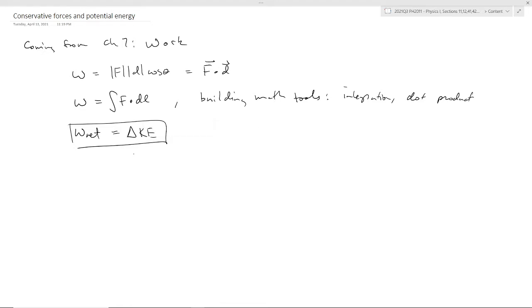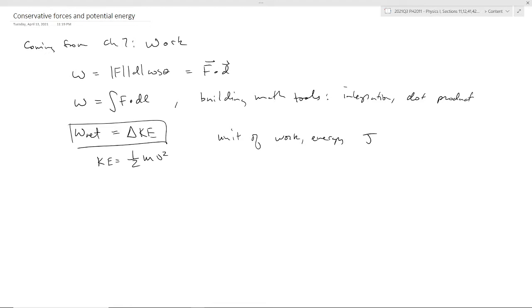And so kinetic energy, the energy associated with motion, we're going to build onto that potential energy, the energy that's associated with a configuration or with a position. And all of these things, work and these different kinds of energy, have units of joules.